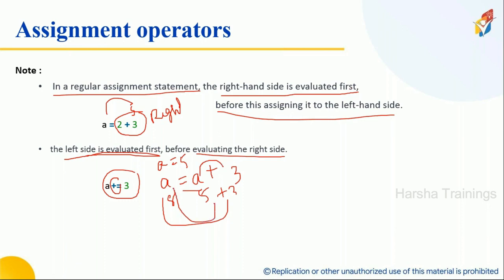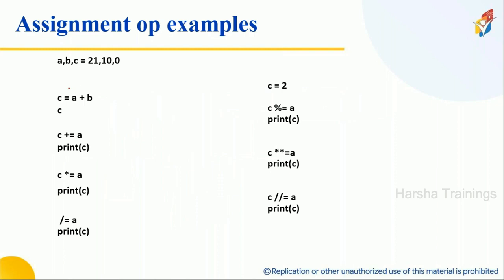Now let us discuss with a simple example. A comma B comma C equal to 21 comma 10 comma 0. Here 21 will go to A, 10 will go to B, and 0 will go to C. Now I have written C equal to A plus B, A is 21 and B is 10, so C contains the value 31. Will you agree?